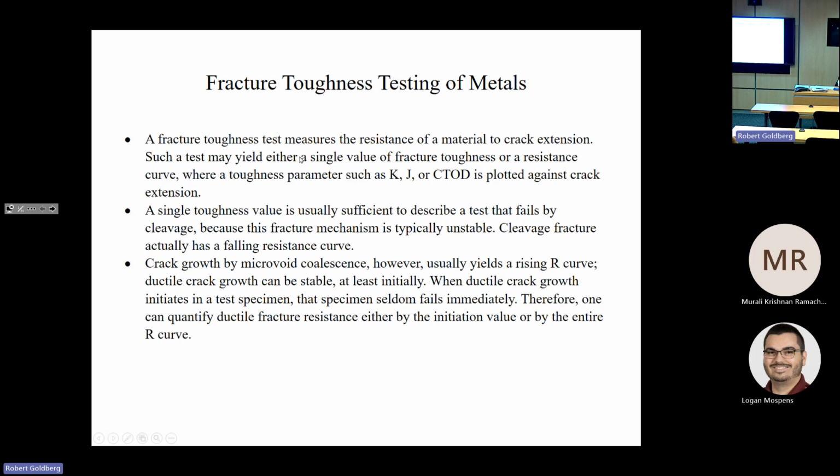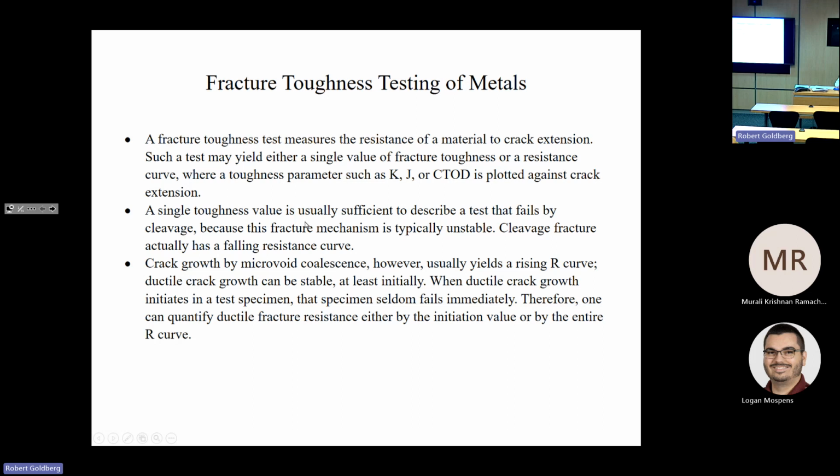Tests could yield either a single value of fracture toughness or a resistance curve, an R curve, where the toughness parameters such as K or J, or the crack tip opening displacement, are plotted against the crack extension. For materials that fail by cleavage, it's an unstable brittle fracture.